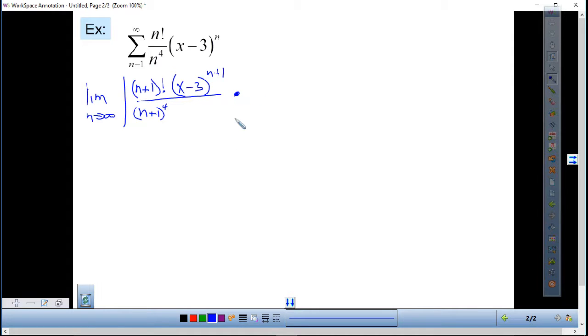All right, and I'm going to multiply that by the nth term, and that means I'm just going to write this thing down, but I'm going to flip everything over. So I'm going to have n to the 4th power over n factorial times x minus 3 to the n power, an absolute value there.